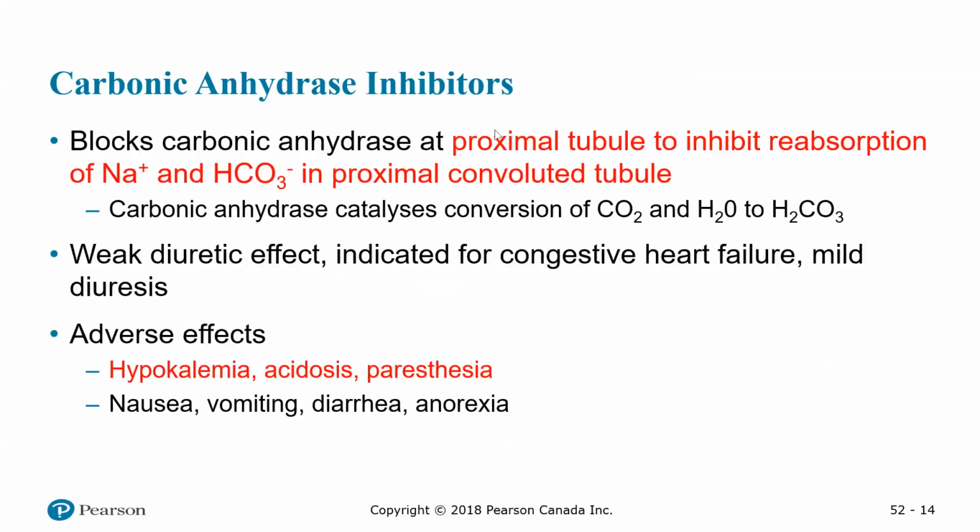And then there is the carbonic anhydrase inhibitor. Rarely will you see it, but it blocks the carbonic anhydrase in the proximal tubule and inhibits the reabsorption of sodium and bicarbonate. And this is the one that prevents the alkalosis and acidosis. It's a weak diuretic effect. It's indicated for congestive heart failure because they become acidotic.